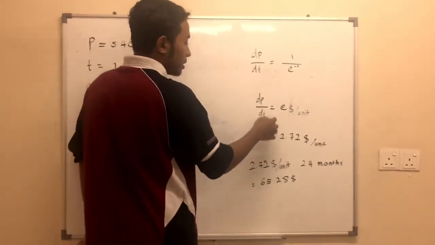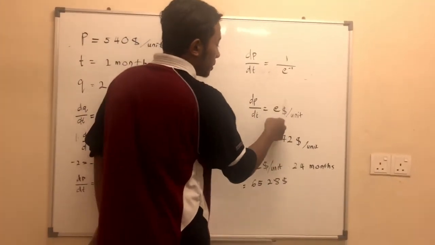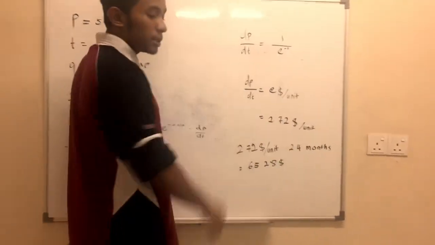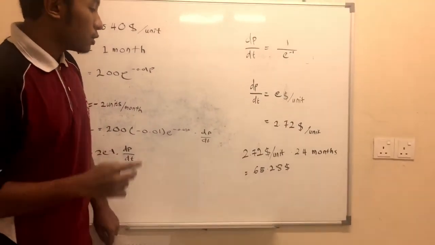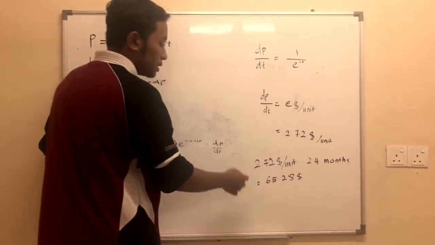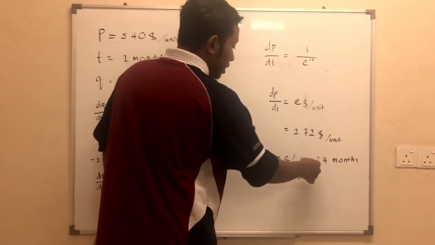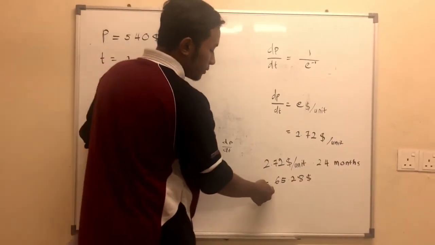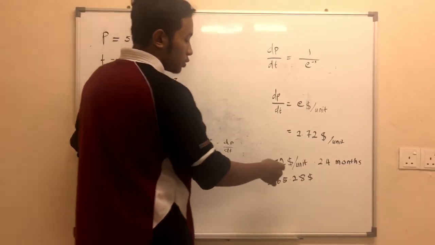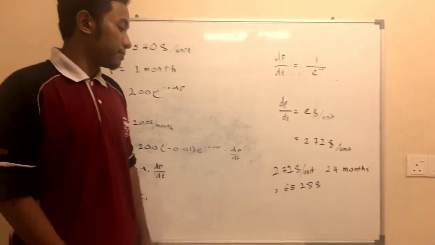Then we get dP over dt equals e dollars per unit, where e equals $2.72 per unit. Then to calculate for 2 years, which is 24 months, we just multiply dP over dt by 24. Then we get $65.28 per unit.